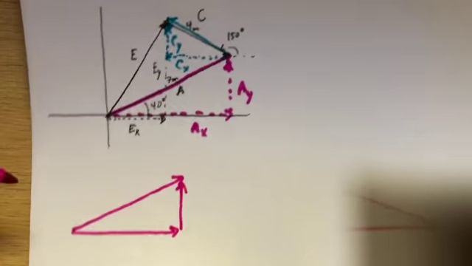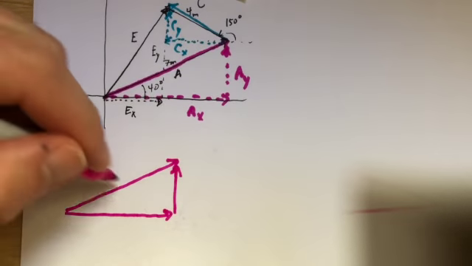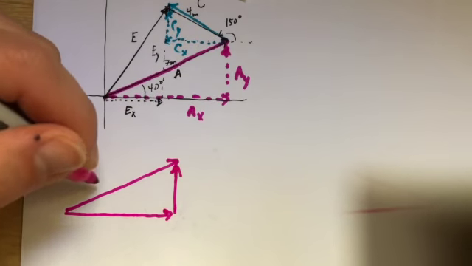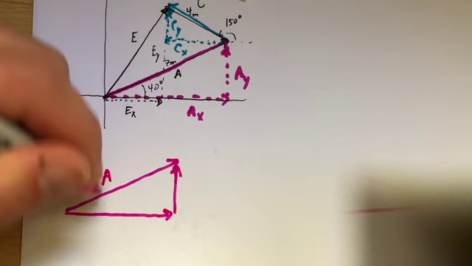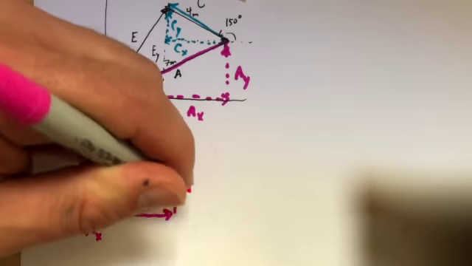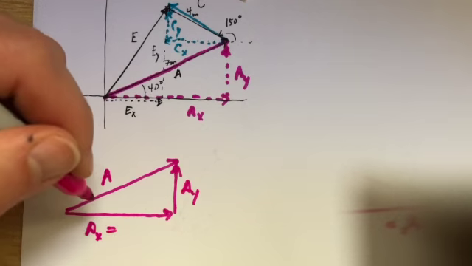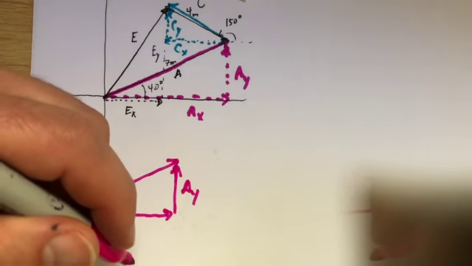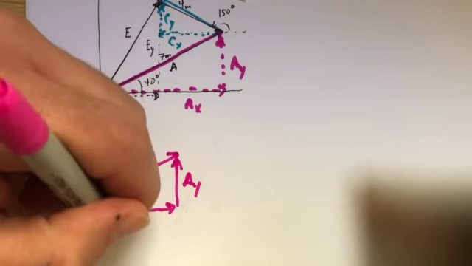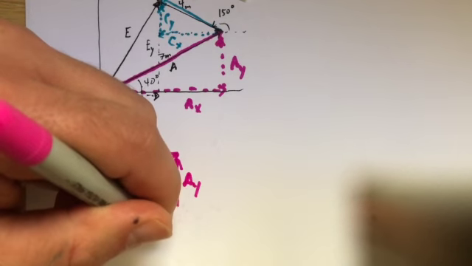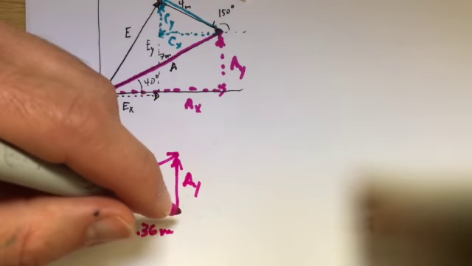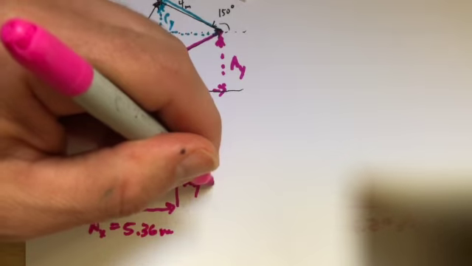Now here's the thing. We did the vector components for A in the last problem, so I'm not going to redo those. I know that AX is 5.36, and I know that AY is 4.5.